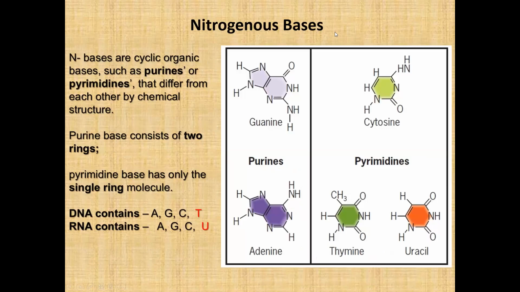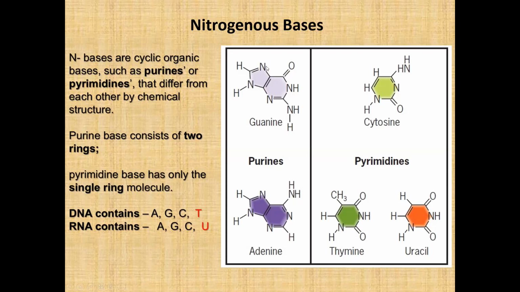According to nitrogenous bases, we have some differences, of course. If a nucleotide contains guanine, for example, as a nitrogenous base, we say that this nucleotide is a guanine. These nitrogenous bases are distributed in two different groups, and the main difference is their chemical structure.